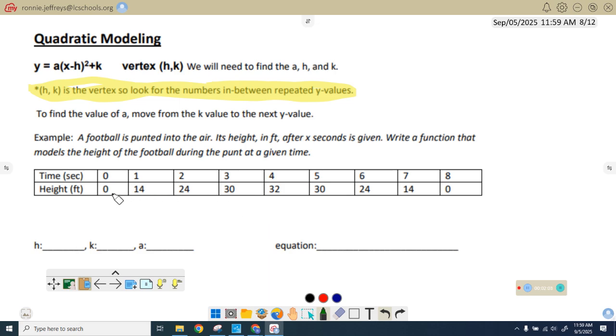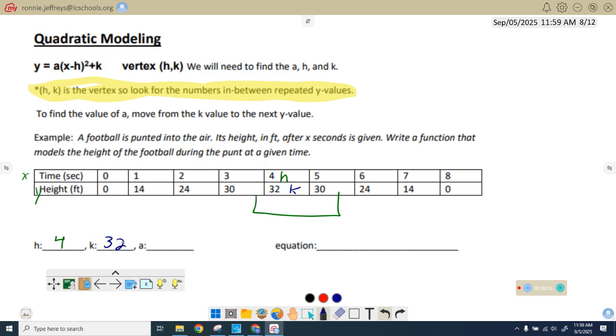All right, so if we're looking at the y's, which will always be on the bottom, okay, x's are here. Where do our numbers start repeating? Yeah, right here. This is our h, 4. This is our K, 32.